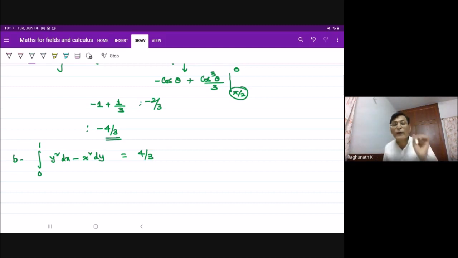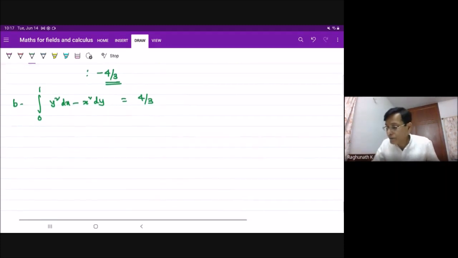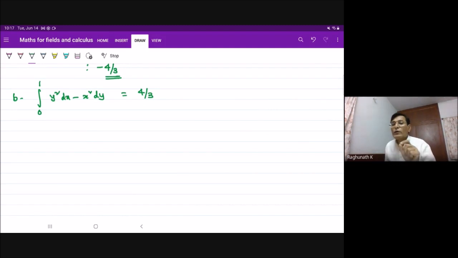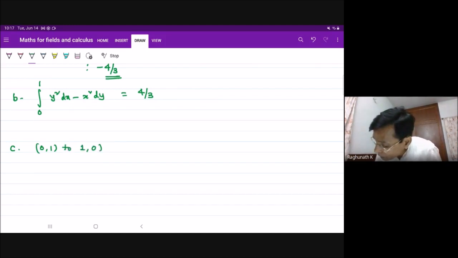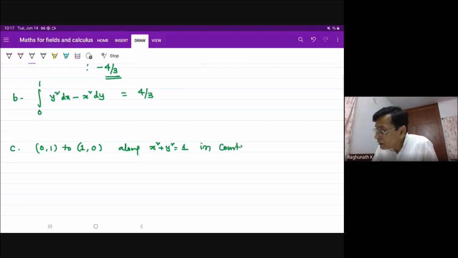Now, one point I want you to see. Participate in the discussion if you can. Go from 0, 1 to 1, 0 along x square plus y squared is equal to 1 in the counterclockwise direction.